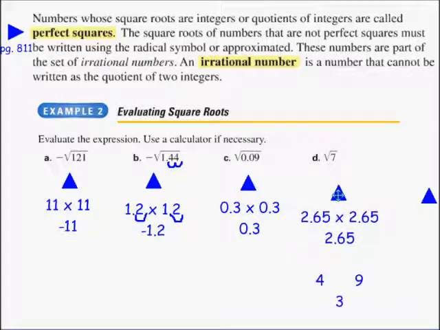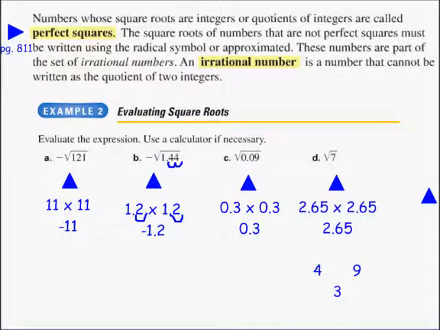Those 2 numbers are going to be 4 and 9. Now 4 is less than 7 and 9 is greater than 7. Both of these numbers have perfect roots. The perfect root of 4 is 2. The perfect root of 9 is 3. I can say that 7 is closer to the number 9. So if I had to approximate a square root, I would say that square root is 3.